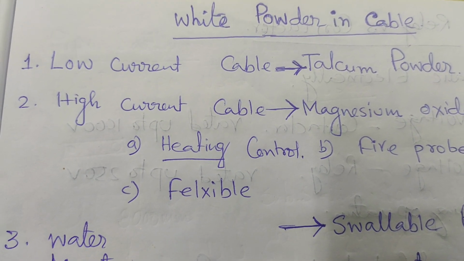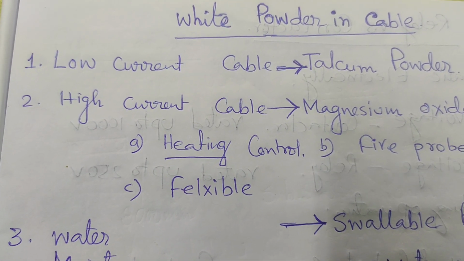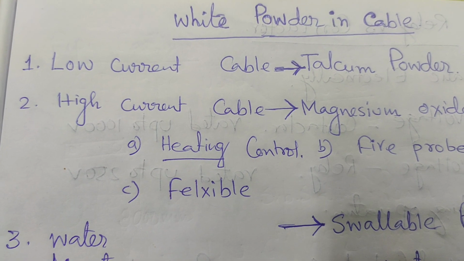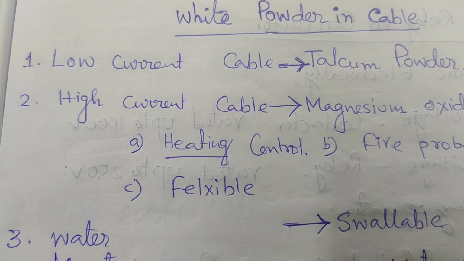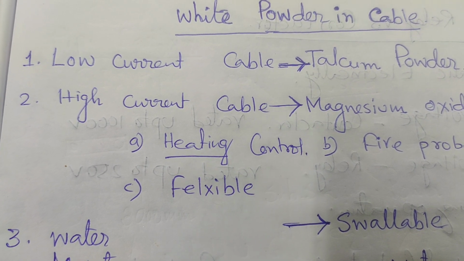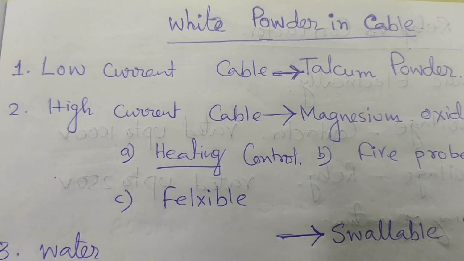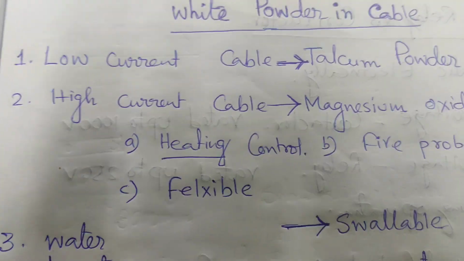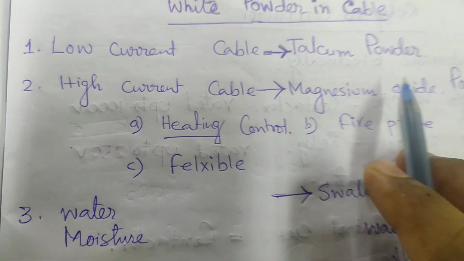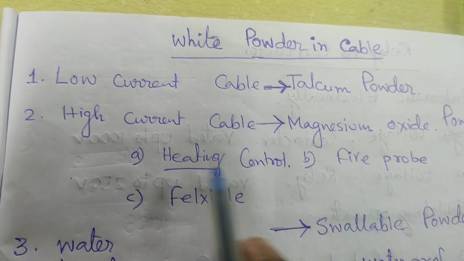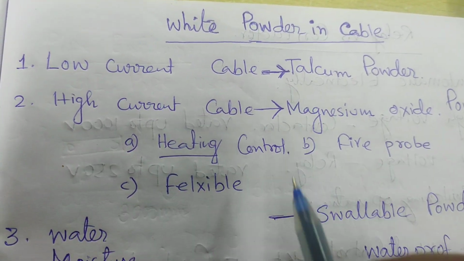Each and every strand of the cable is layered with PVC or XLPE, as per the use and as per the conditions concerned. So for the low current cable we use talcum powder. Talcum powder has been used for the low current cable.